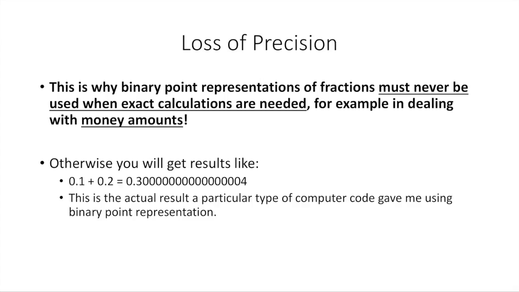You will get results like this: 0.1 plus 0.2 equals 0.3000004. This is the actual result I got in a piece of computer code that I typed. It gave me that result. And that's because 0.3 cannot be precisely represented. It has to represent what's slightly off. It tries to represent it, but it gets it wrong because it can't exactly line up the fractions with the powers of 2, the negative powers of 2, lining up with 0.3.